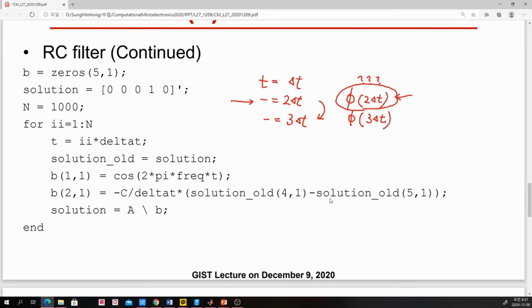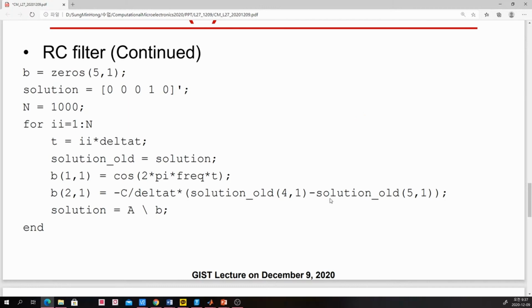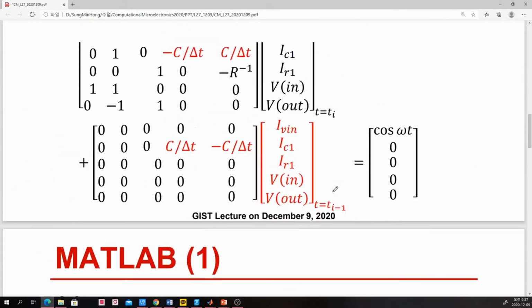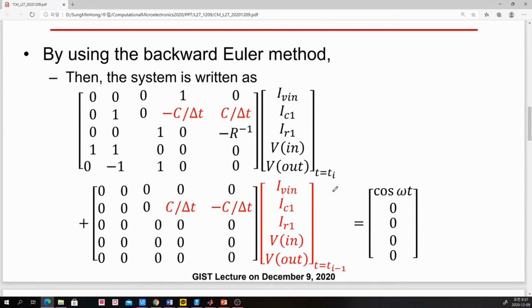As you can see here, compared with the steady state simulation, what is the key element that makes the big difference between the steady state solution and the transient solution? That is quite straightforward. The system matrix is modified.